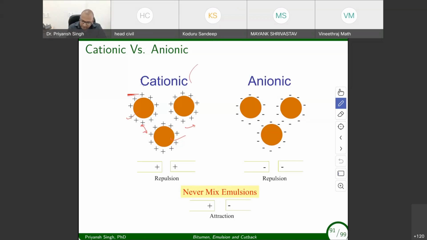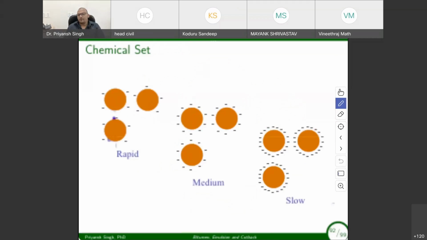Now, we should never mix a cationic and an anionic emulsion, otherwise we will see immediate breakage. Based on what amount of charge, or the type of surfactant used, that will decide the amount of charges on the surface of the globules.